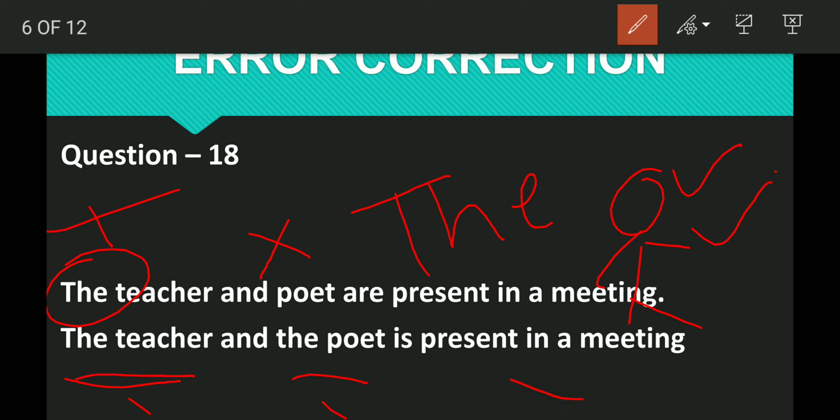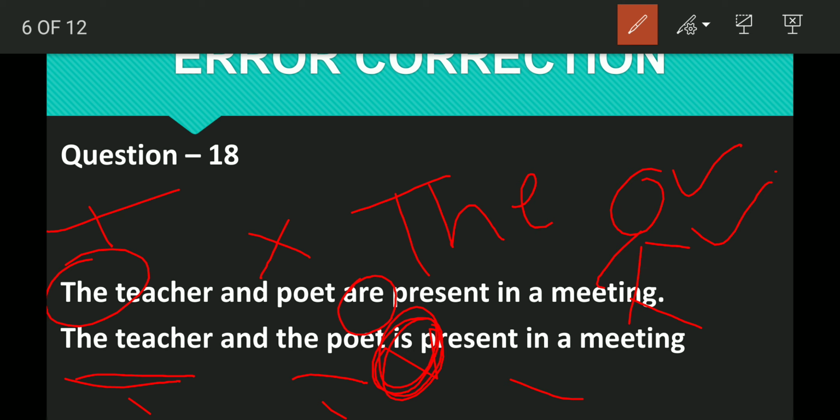So there are two persons included in the second sentence. The first sentence is singular, so it must be is instead of are. And in the second sentence, there are two persons, which is the reason why is cannot be used; we can use are instead of is.